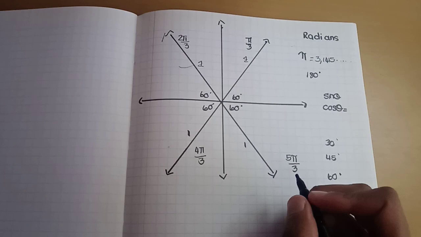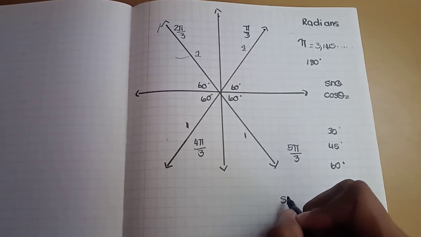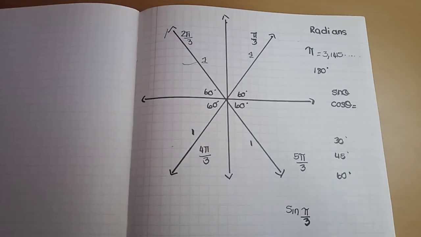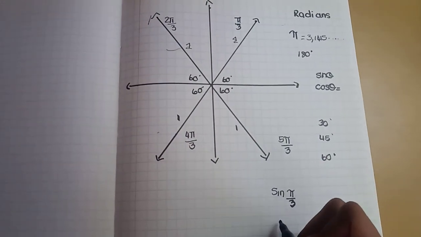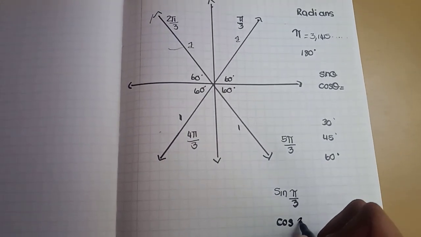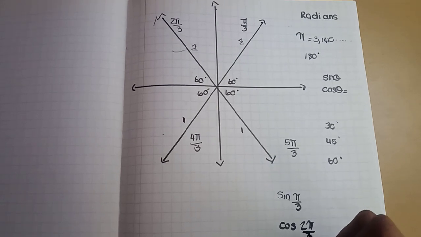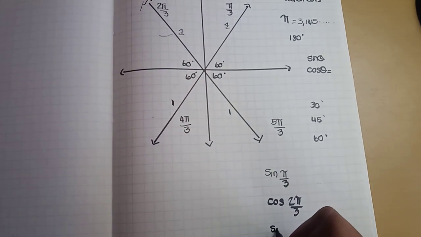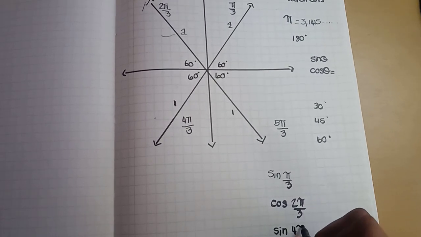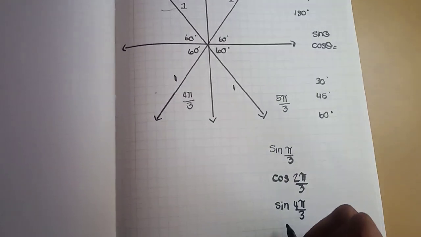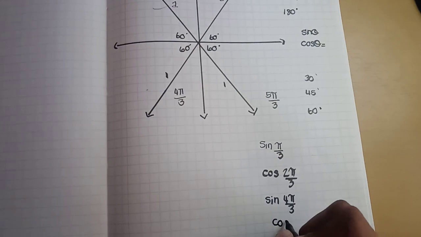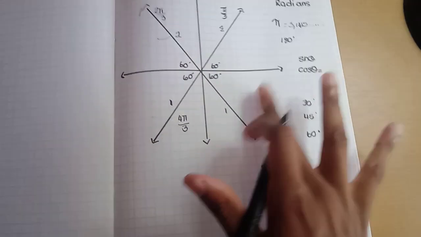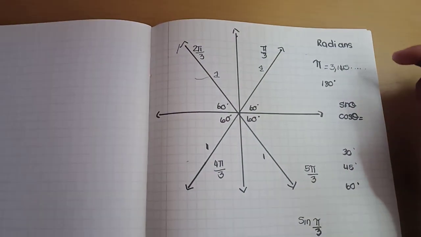So I just want to be certain: sine pi over 3 goes in the first quadrant, cos 2 pi over 3 in the second quadrant, sine 4 pi over 3 in the third quadrant, and then cos 5 pi over 3 in the fourth quadrant.